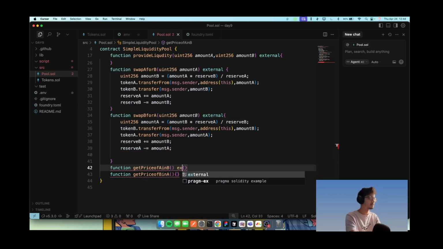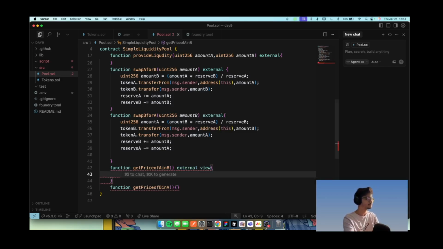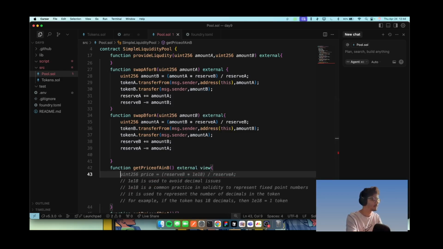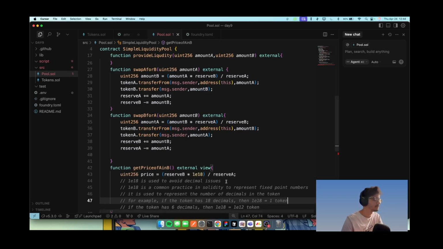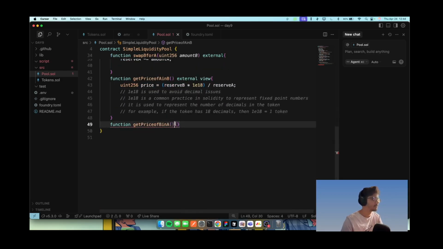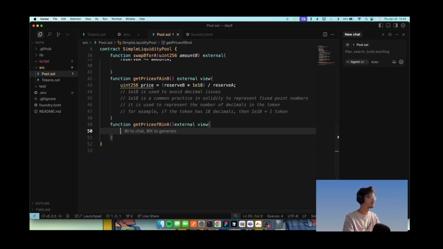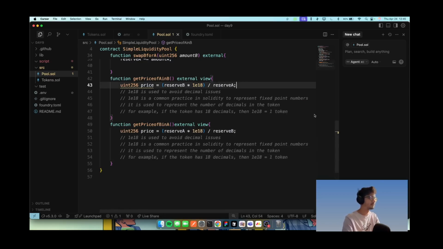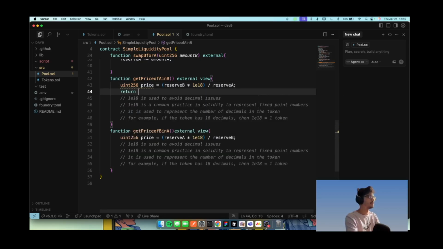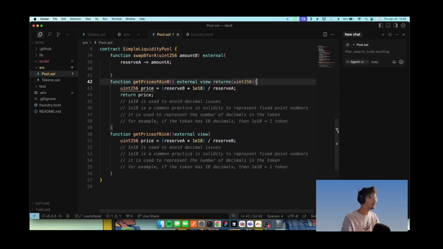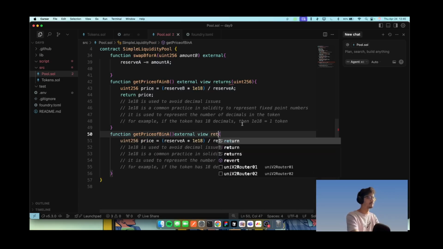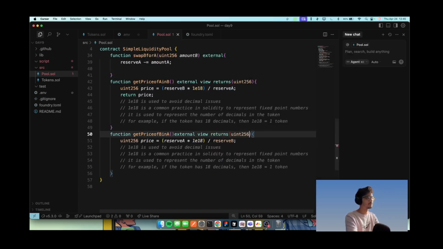So this will be external view, and price of A is reserveB times 1e18 divided by reserveA, and similarly this gets here, and we return price, external view returns uint256, and address also returns uint256.